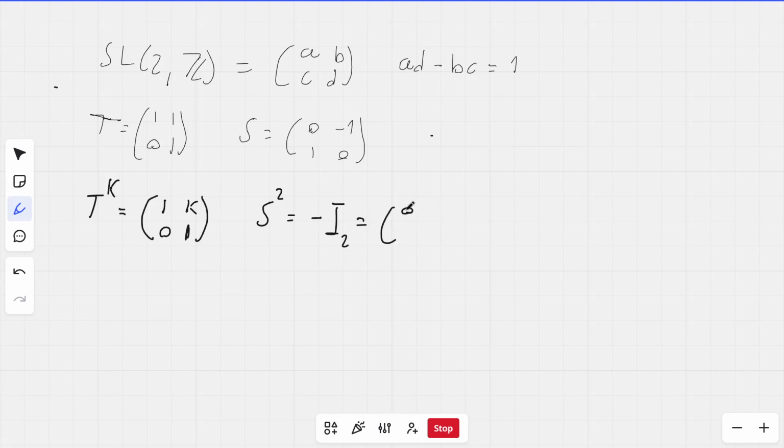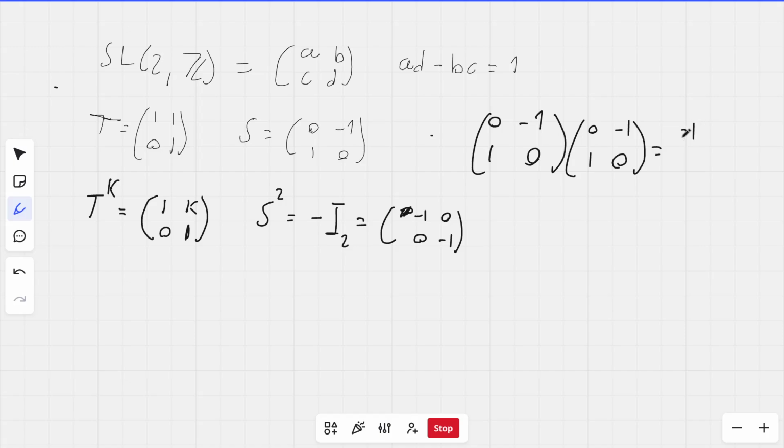So it's minus 1, 0, 0, minus 1. We can just check that really quickly. So 0 minus 1, 1, 0 times 0 minus 1, 1, 0. Minus 1, that's 0, that's 0, and that's minus 1. So that's true.